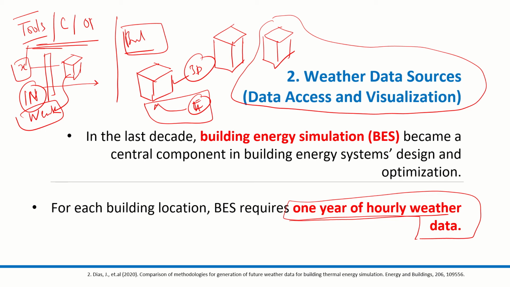Every hour, 24/7, we collect information in terms of temperature, humidity, wind velocity, and so on, collected over a period of time, and data is produced. That can be given as an input for building simulation.